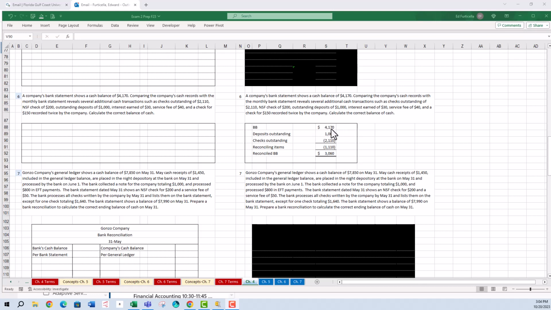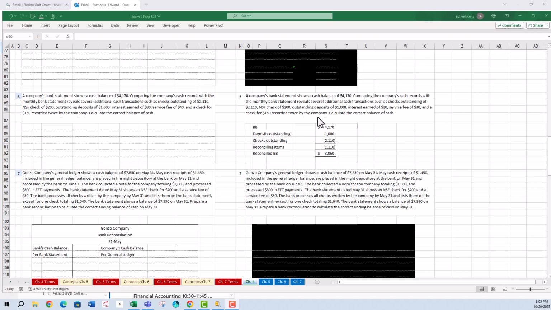That's a given. Deposits outstanding, $1,000. We know that we always add outstanding deposits to the beginning balance. Checks outstanding are checks that we have written but haven't cleared the bank yet. Those checks have to be subtracted from the bank balance.